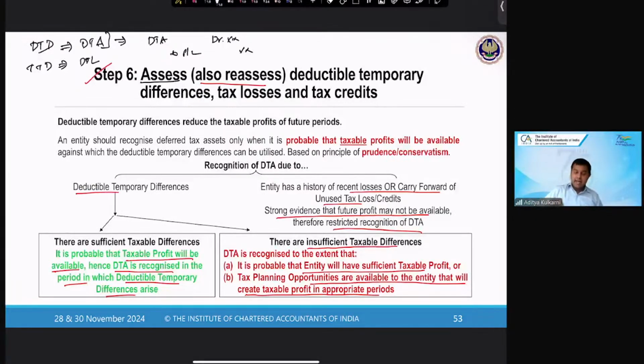Which is why the standard says assess and reassess deductible temporary differences, tax losses, and tax credits. Because you are recognizing an income which is not yet realized. But by virtue of the standard, you have to recognize the DTA.